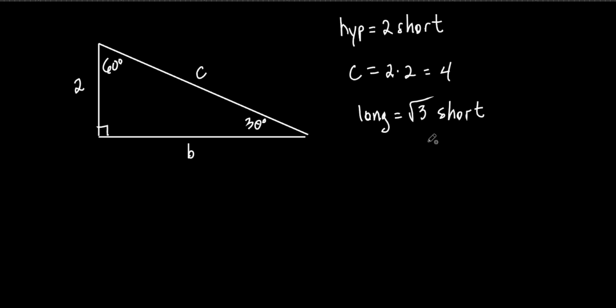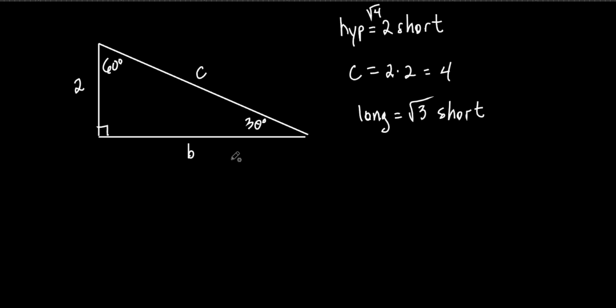Here's one way I can remember the square root of 3. The long side is just a little bit smaller than the hypotenuse. A little bit could mean different things for different people, but here's what I mean. Why is the square root of 3 just a little bit smaller than 2? Because 2 is the square root of 4, isn't it? So the square root of 3 is just a little bit less than the square root of 4. Do you agree?